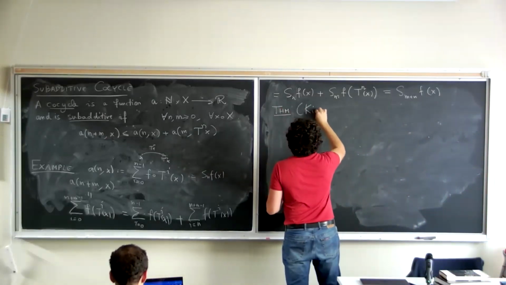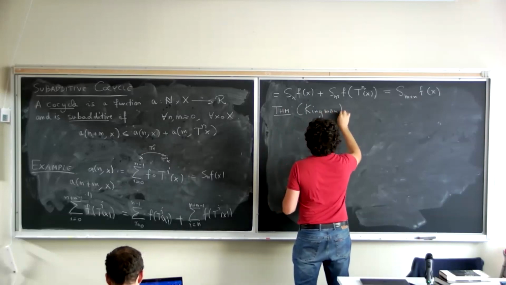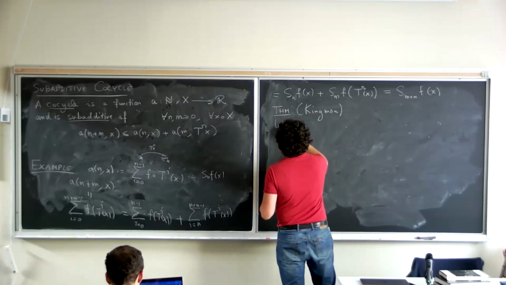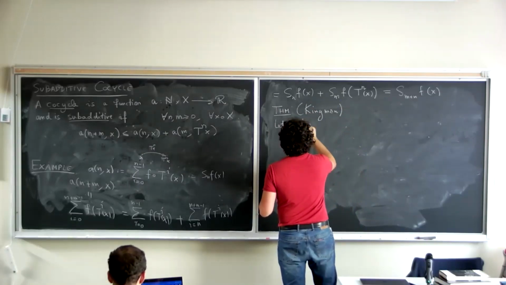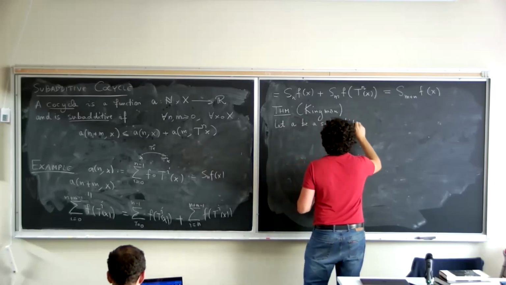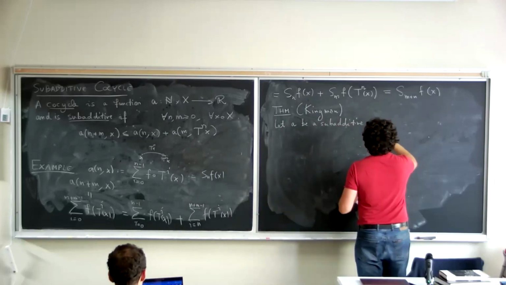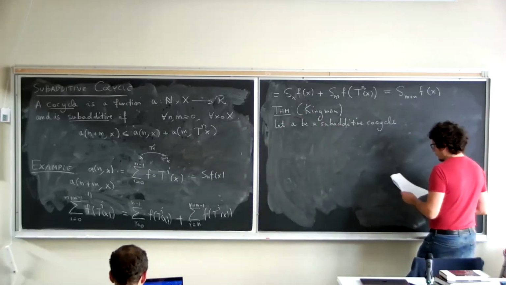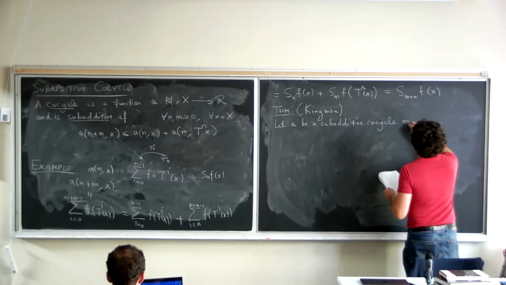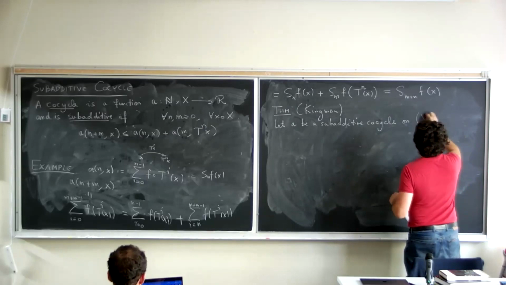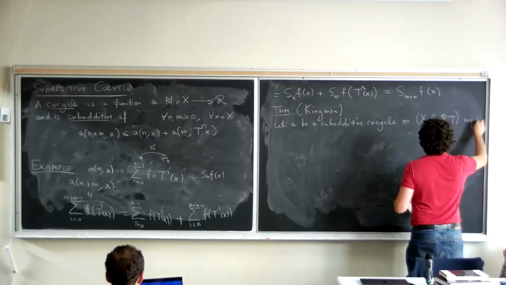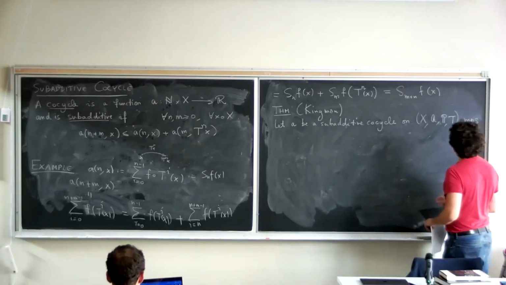So this is Kingman's theorem. It says that if you let a be a subadditive cocycle on the measure preserving system, so on (X, A, P, T), a measure preserving system as usual before.